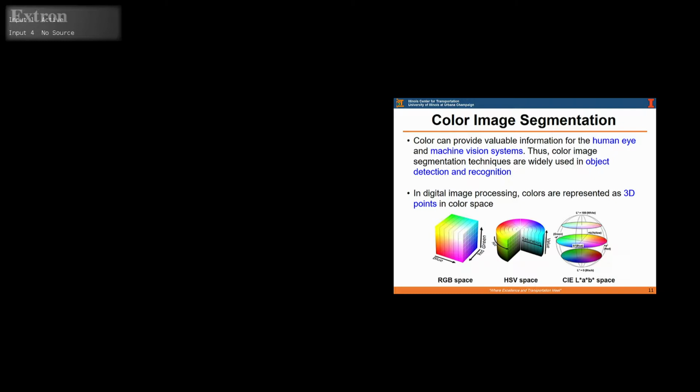So the community turned to using color information. Just like we can locate a point in space by 3D coordinates, we can also use such a 3D point to locate a color in a color space. For example, the RGB space, HSV space, and CIE-LAB space are many popular color spaces we are using.